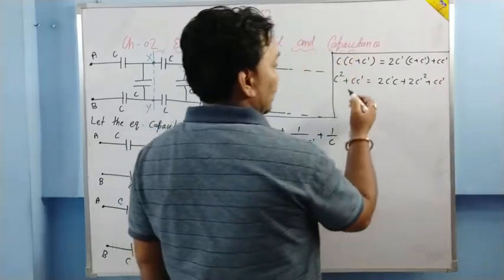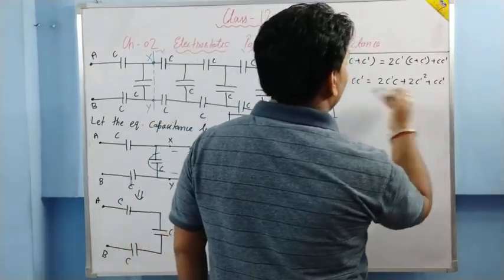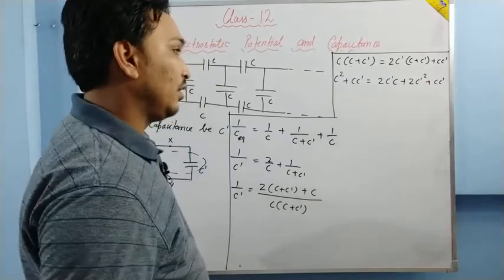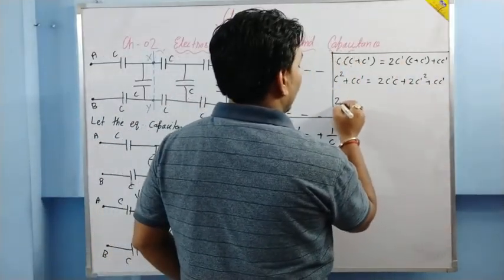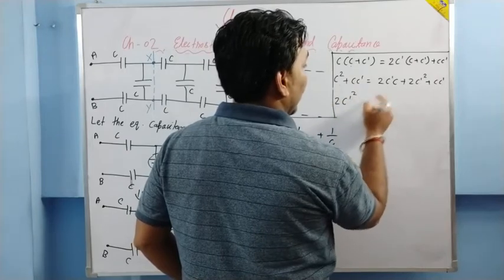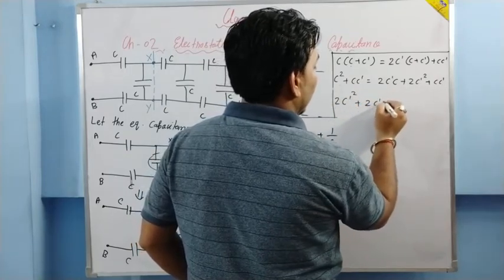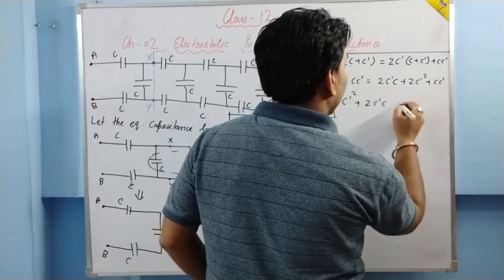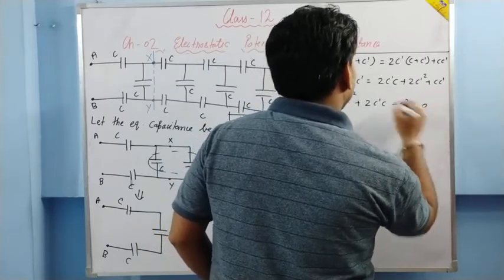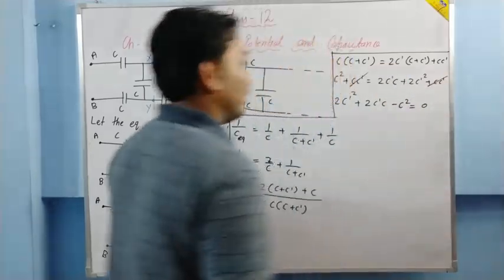Now this CC dash and this CC dash can be cancelled, and this C square is transferred to that side. We are going to have 2C dash square plus 2C dash C minus C square is equal to 0.